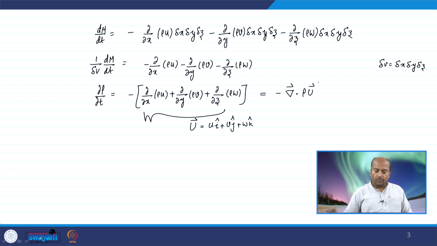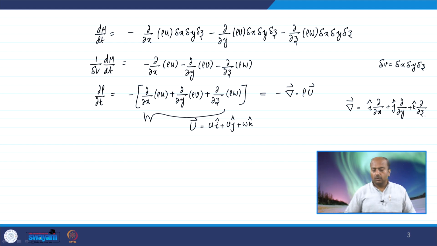Rho is a scalar, so it is simply a multiplier. You know that del is i cap dou by dou x plus j cap dou by dou y plus k cap dou by dou z.